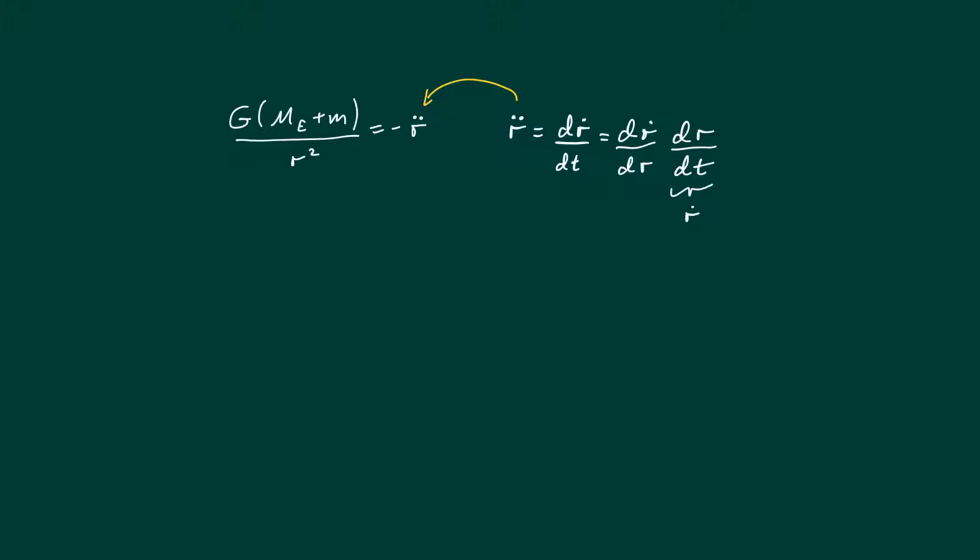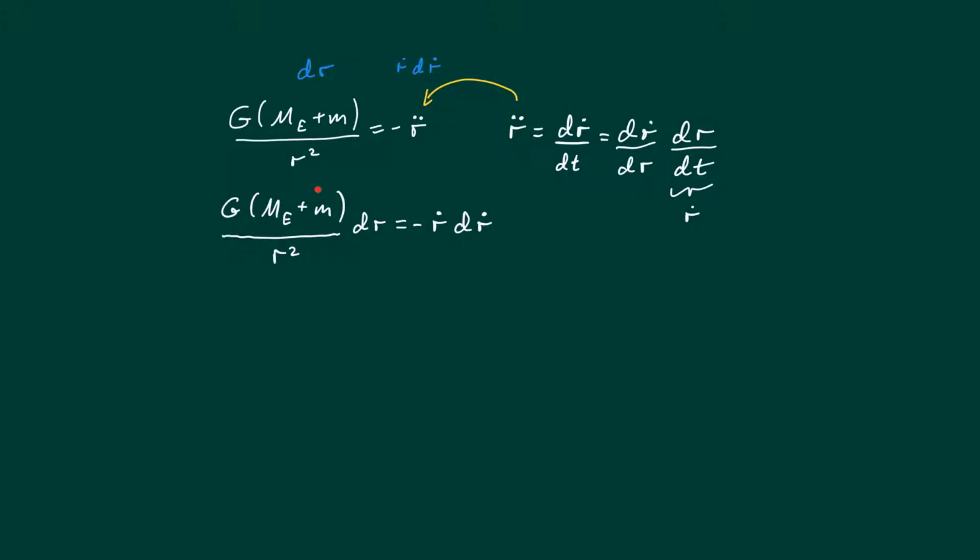So on the left hand side we will have dr, and on the right hand side we will have something which is only depending on the velocity, so r dot. So we will have r dot times d r dot. Having now this equation, we can integrate.